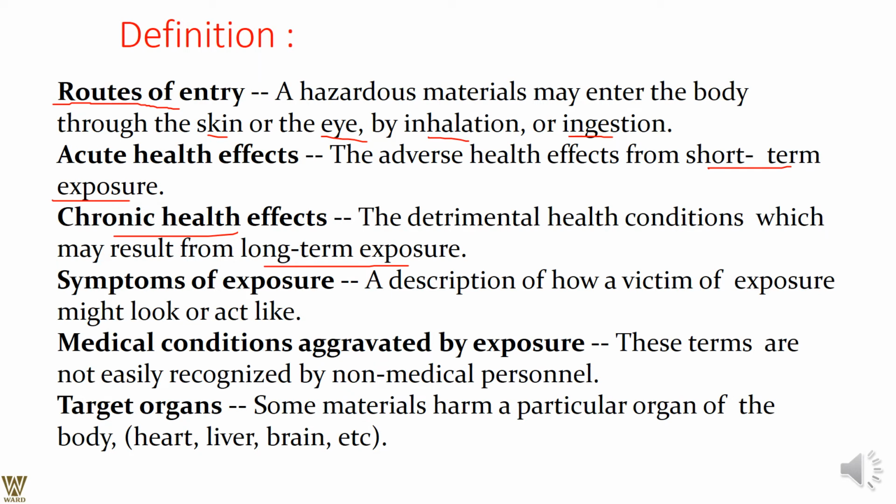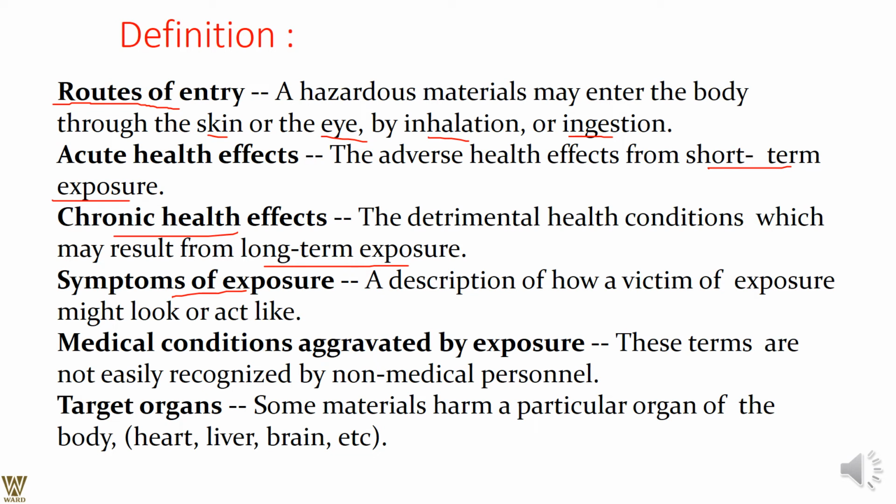Then we're talking about the symptoms of exposure, what the victim might look like. There might be blisters on the skin, the victim might be coughing or having difficulty breathing, or suffering other ailments such as asthma or shaking of the limbs. Then medical conditions aggravated by exposure.